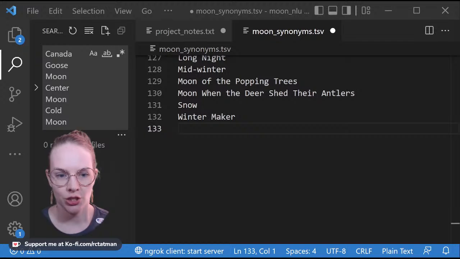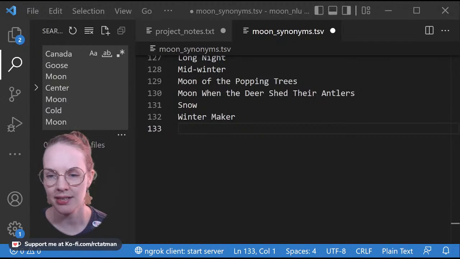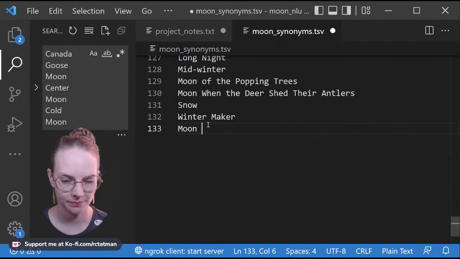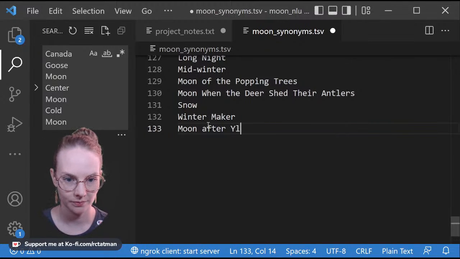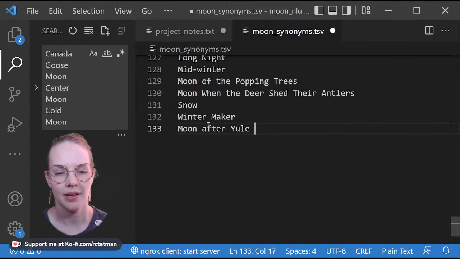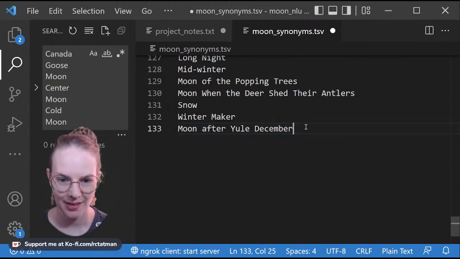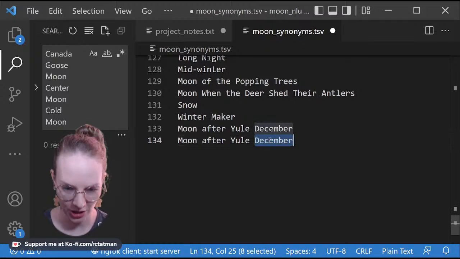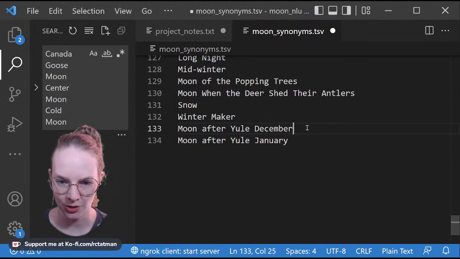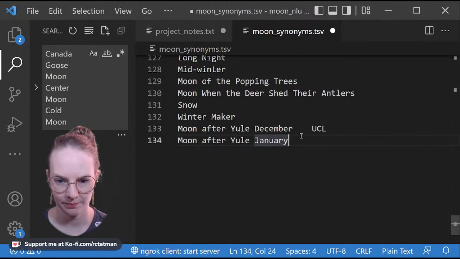So I think what we need to do is this. Okay, so the moon after Yule can occur in December. However, it can also occur in January. And these are both from UCL.